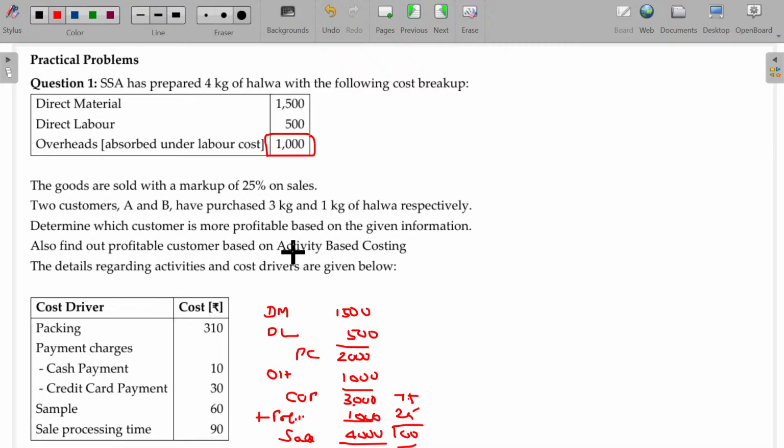You need the ingredients and then the kitchen. Ingredients are very easy. You can calculate for the halwa. For 4 kgs of halwa, how much material is required, how much labor? Okay, no issues. What about the kitchen cost? Stove expenses, depreciation of stove, and even gas you spend, electricity during the cooking duration, and exhaust fan.